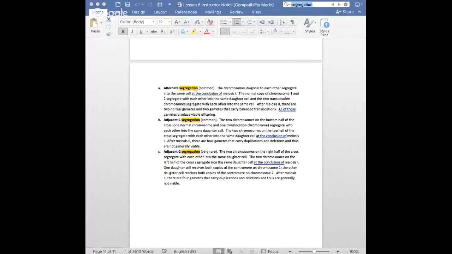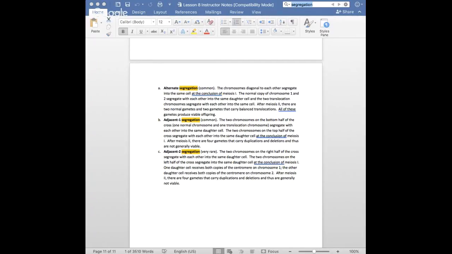So that will be in one daughter cell, and then the other daughter cell is going to have chromosome 1 and 2 in it. So it's going to have that DEFGH centromere IJKL, and then the MNOP centromere QRST.